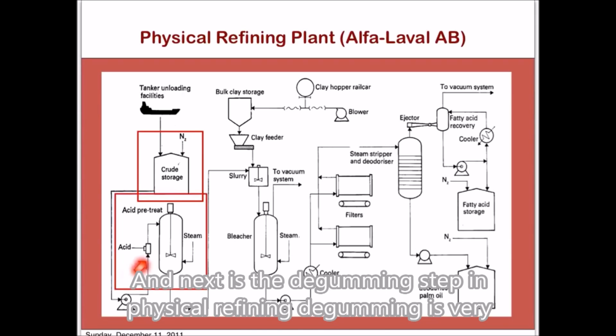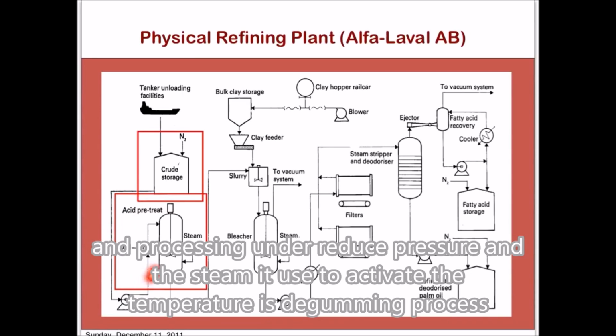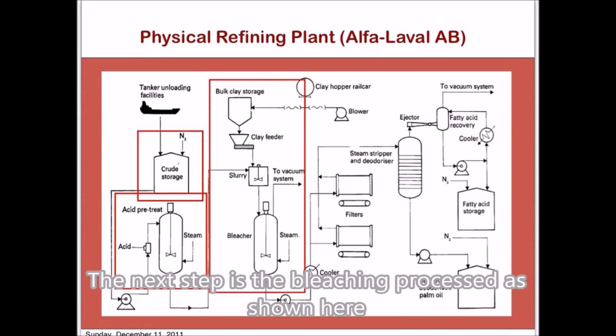And next is the degumming step. In physical refining, degumming is a very important step to remove the gums from the oil. Usually we use an acid degumming process, and the process is done under reduced pressure, and the steam is used here to elevate the temperature to aid the degumming process. The next step is the bleaching process as shown here.